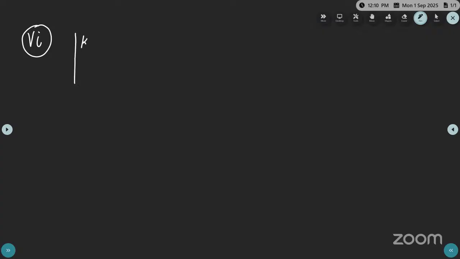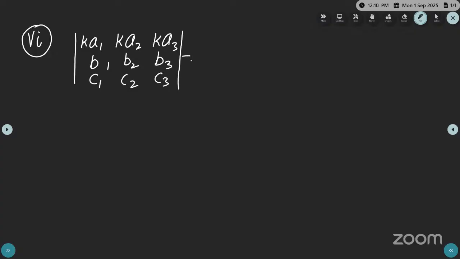Determinant of a1 a2 a3, b1 b2 b3, c1 c2 c3 with first row elements multiplied by k, you may write it as k into determinant of a1 a2 a3, b1 b2 b3, c1 c2 c3.